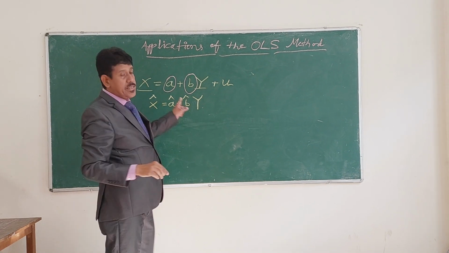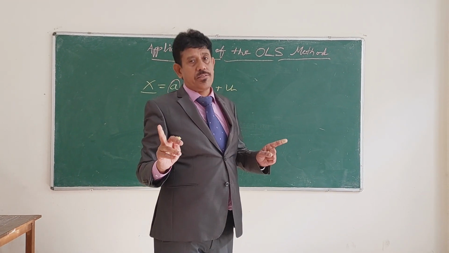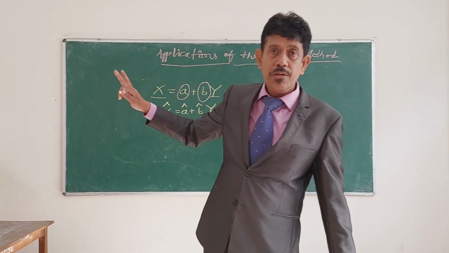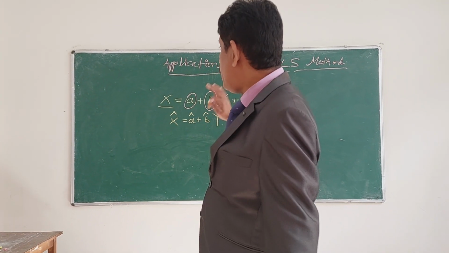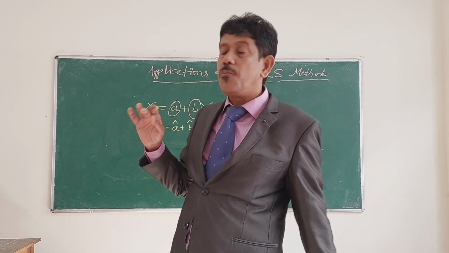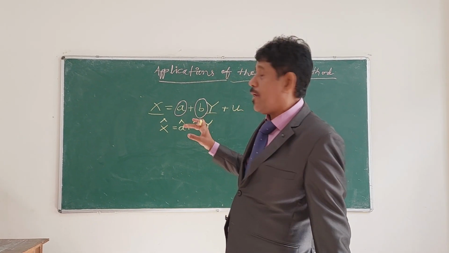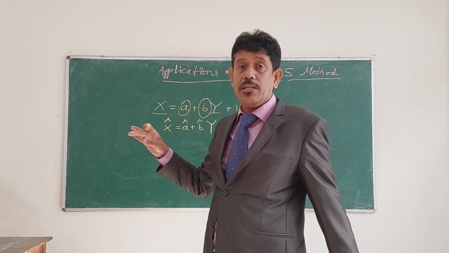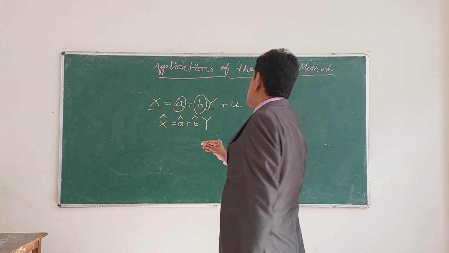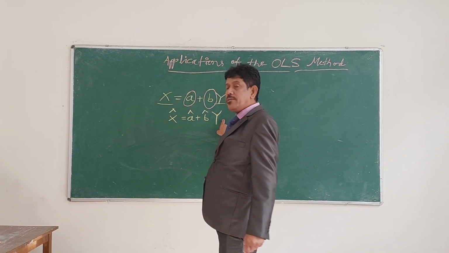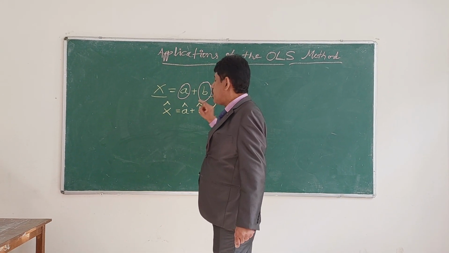In this case there will not be any disturbance because this is the straight line, which you have derived from the different combinations of x and y, and which will most appropriately show the relationship between consumption and income, x and y.